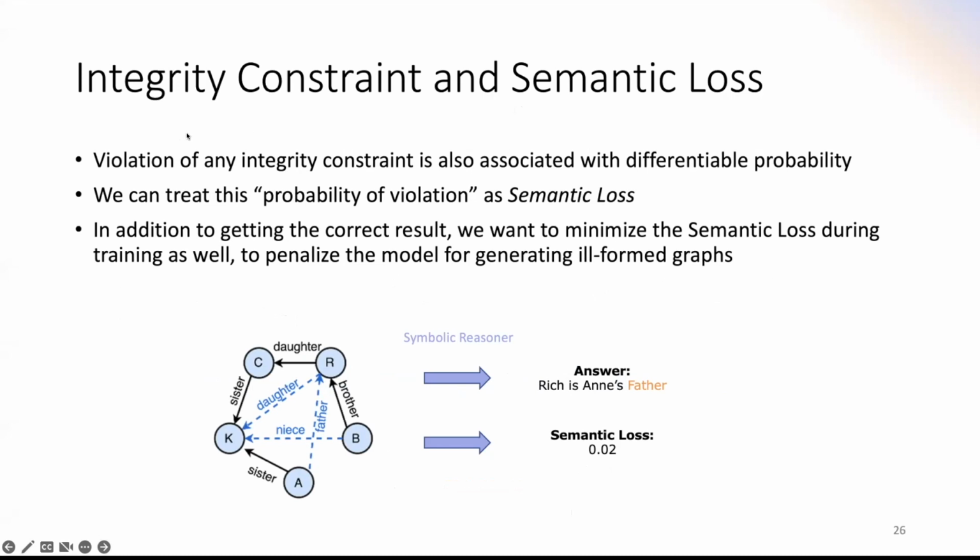In this case, we treat this probability of violation as one additional loss, which is called semantic loss. In addition to getting the correct result, we want the differentiable reasoning system to also generate this semantic loss. And in the optimization process, we should be able to minimize the semantic loss for training. This can help us learn a better representation of the unstructured input, which is a better graph.